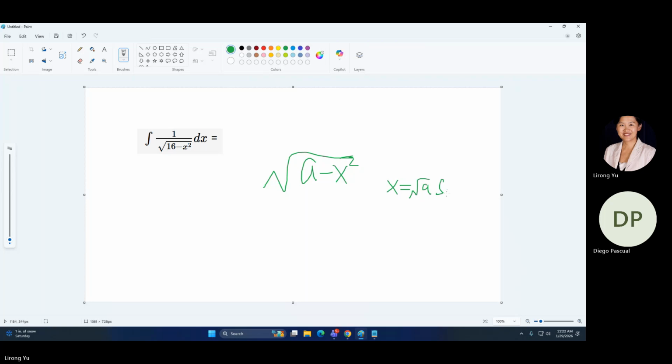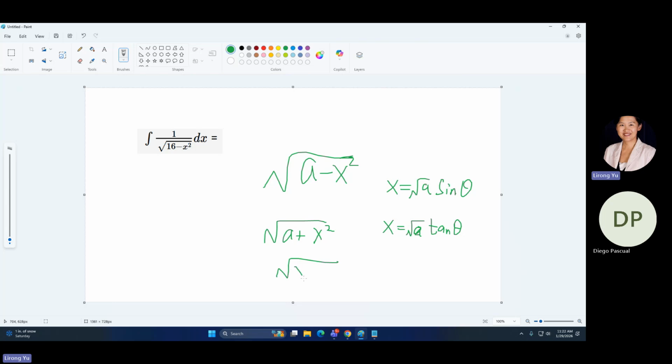If you have the root of any number plus x squared, we make x equal to root of a times tangent theta.